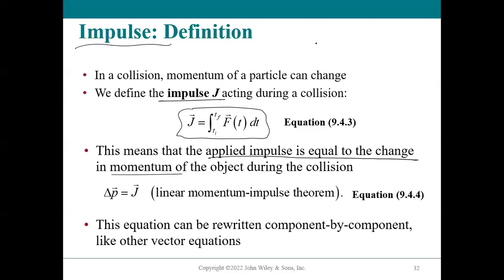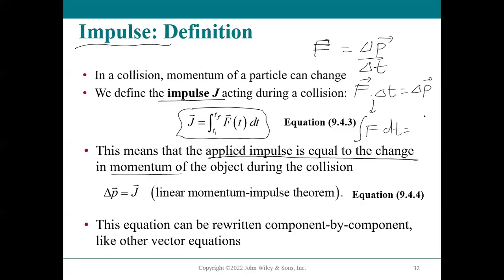Okay, since we have that before, force is equal to delta P over delta T, if we multiply the force by time, force times delta T is equal to delta P. And in integral form, we can write the integral of F dt. This is called the change of momentum, or impulse.